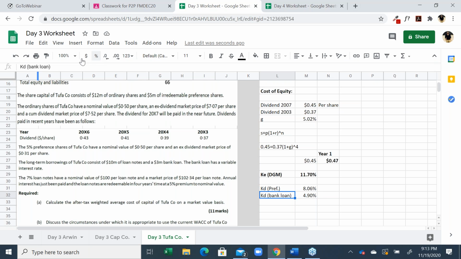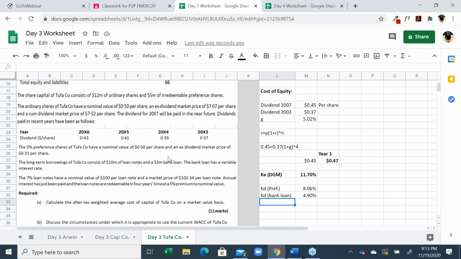Now comes the loan notes. The 7% loan notes have a nominal value of $100 per loan note and a market value of 102.34 per loan note. Annual interest has just been paid, and the loan notes are redeemable in 4 years' time at a premium to nominal value. After 4 years, it will be redeemed, right? Now, in the question, Sarah, we don't have an interest rate for the bank loan.